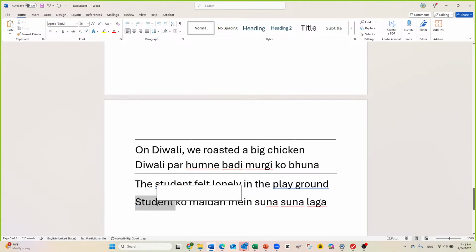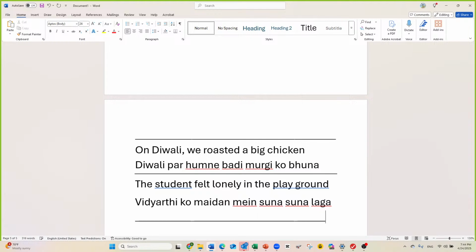And the Hindi word for student is विद्यार्थी. So say, "विद्यार्थी को मैदान में सूना सूना लगा." So the student felt lonely in the playground.